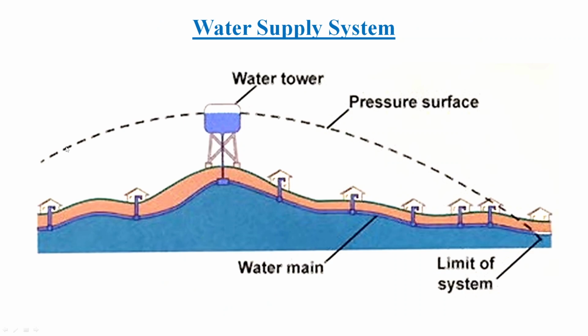Another thing I just want to discuss, that we generally see in urban areas, is that there are large water tanks installed at several locations in a city. What is the purpose of establishing this kind of water tank?